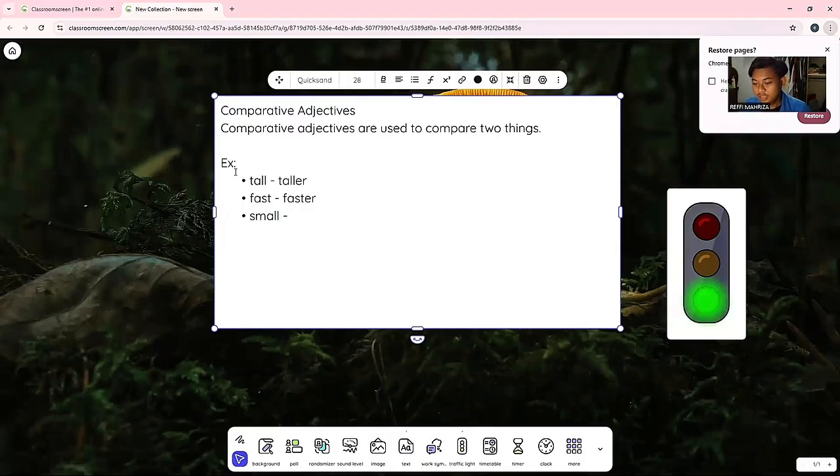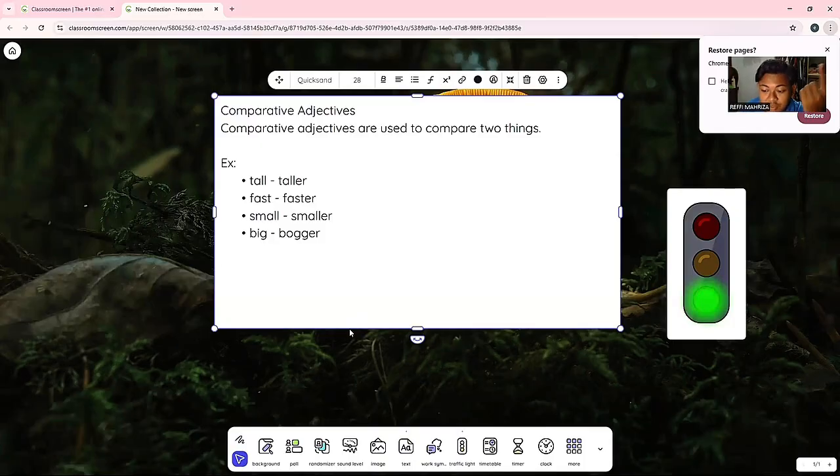Good, smaller. And then big to bigger. So for longer adjectives, we use more, for example more beautiful, more expensive, more interesting.